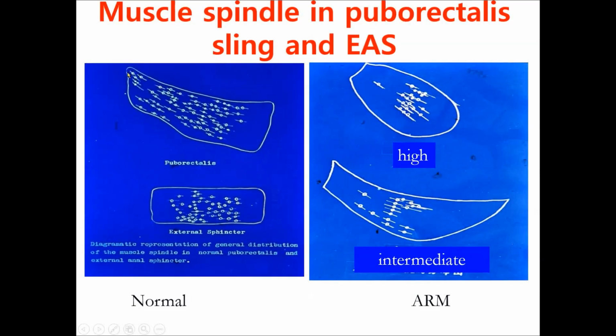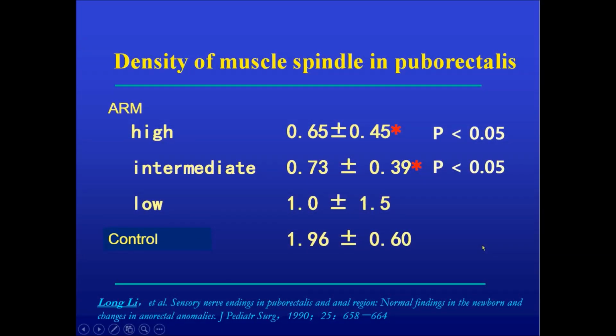In normal, there are plenty of muscle spindles located in the middle portion of the external anal sphincter. In this side view of the puborectalis, you can see in high ARM, the muscle spindle is mainly located in the middle third of the puborectalis, and in intermediate ARM, the muscle spindle is also located in the middle portion of the puborectalis.